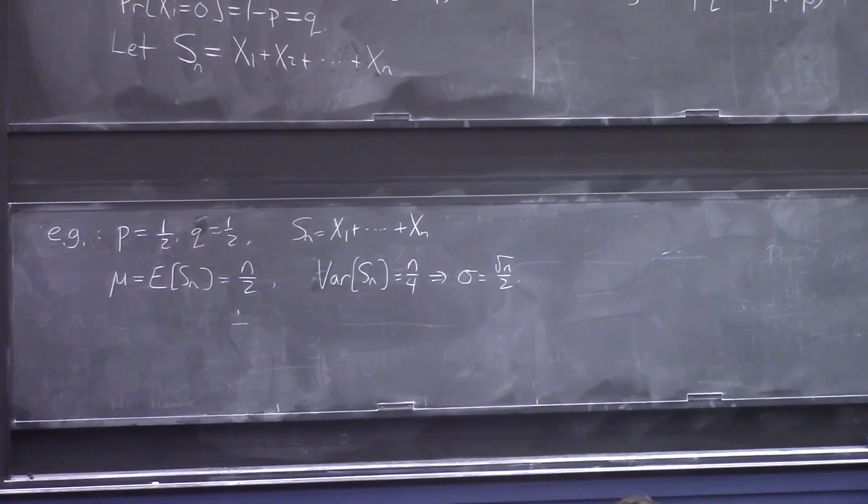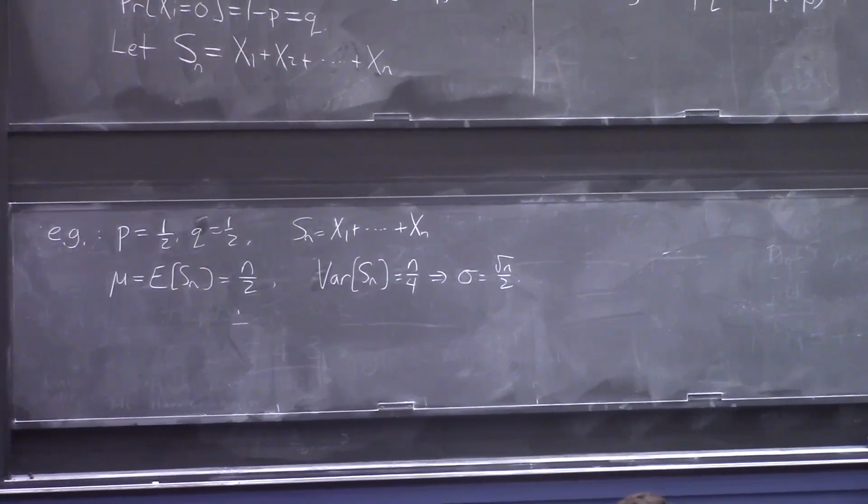Which is consistent with this fact we learned last time, that if you flip n coins, the probability that you get exactly n over 2 heads, bang on, when n is even, is proportional to 1 over root n. Because if it's fluctuating in a range around n over 2, a few multiples of square root n, maybe they should all be equally likely. In fact, probably them landing right in the middle is the most likely case. So that should occupy like a 1 over root n or so fraction of the probability.